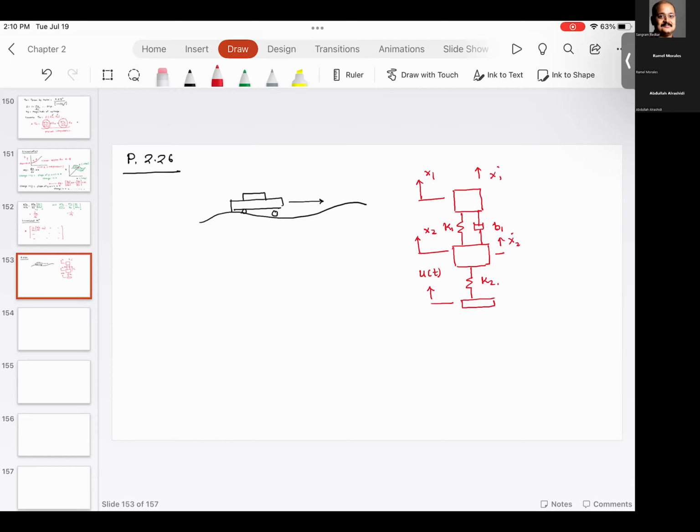We can start with the free body diagram. Yes, we have to draw the free body diagram. Correct. But you don't have to reinvent the wheel. What I want to show you is, this is shown in the vertical direction. I am going to turn it down and put it in the horizontal direction.